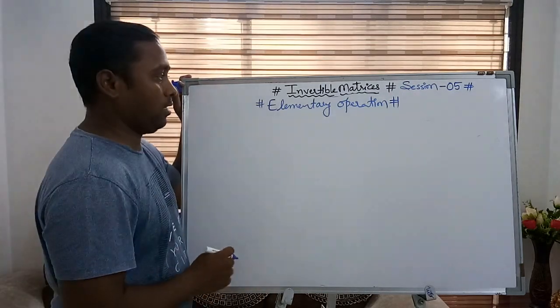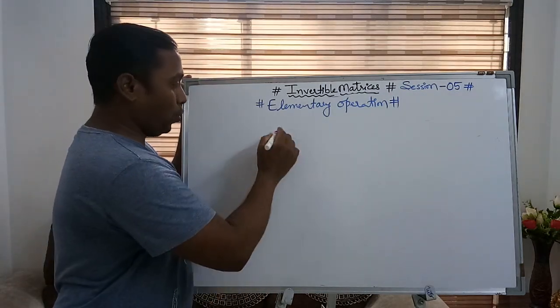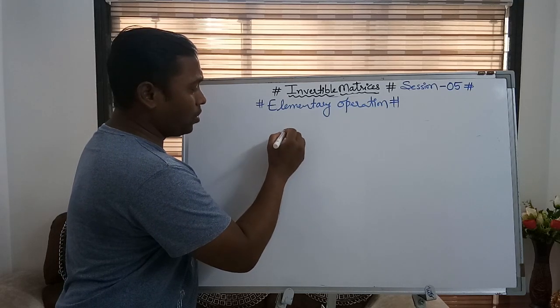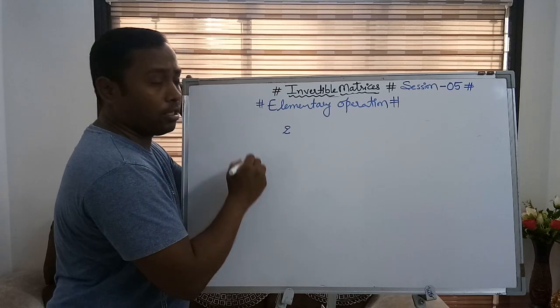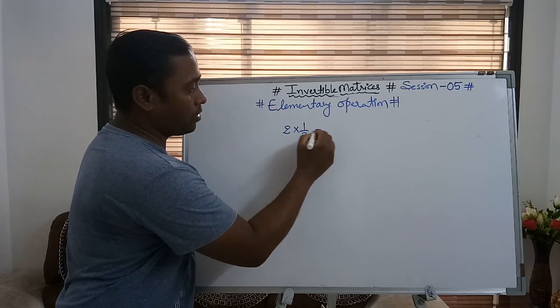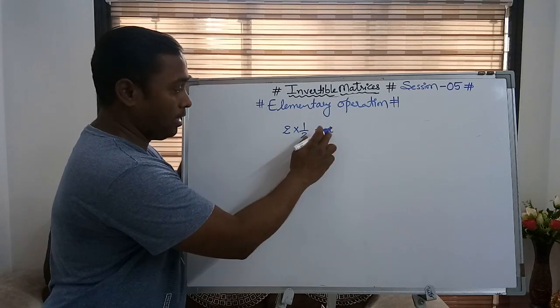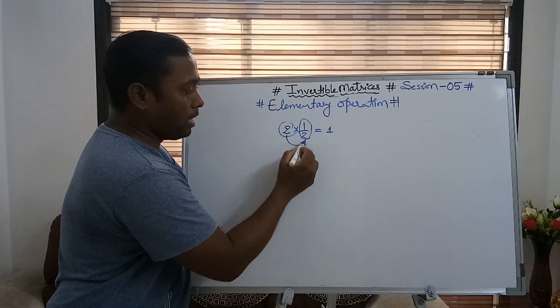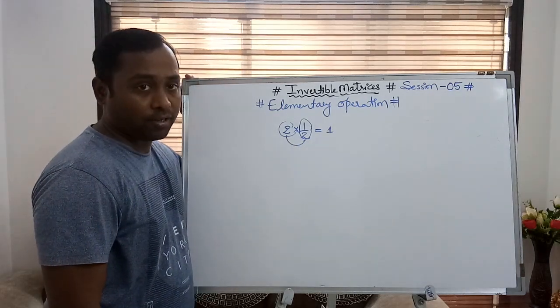Let's try to understand. As we know, if I say the multiplicative inverse of the number 2, definitely you will say, sir, its multiplicative inverse is 1 by 2 because their product will always give 1. So hence 2 and 1 by 2 are called multiplicative inverses of each other.